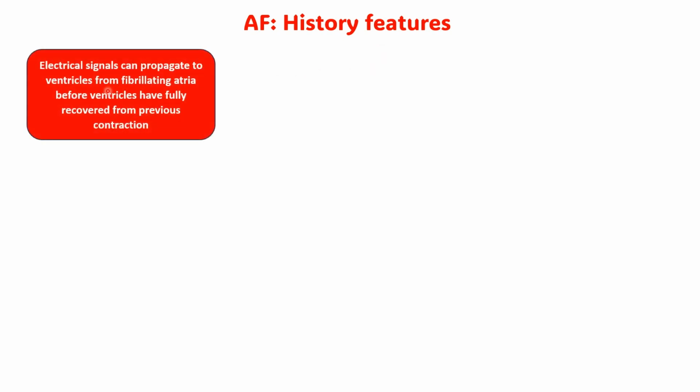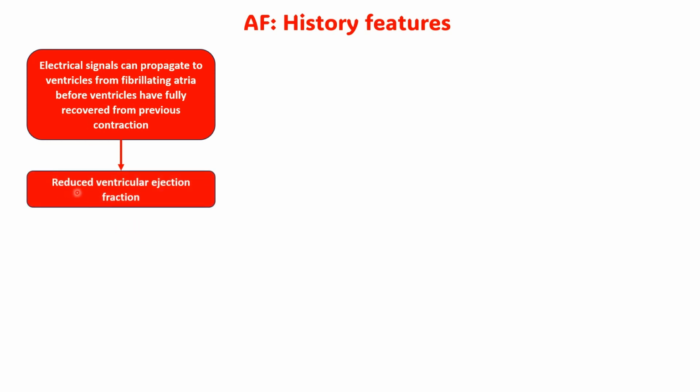Okay, so I've got a great diagram here about some of the history features of atrial fibrillation. So let's work through it logically. Electrical signals can propagate to the ventricles from fibrillating atria before the ventricles have fully recovered from the previous contraction. So the ventricles haven't recovered yet fully.